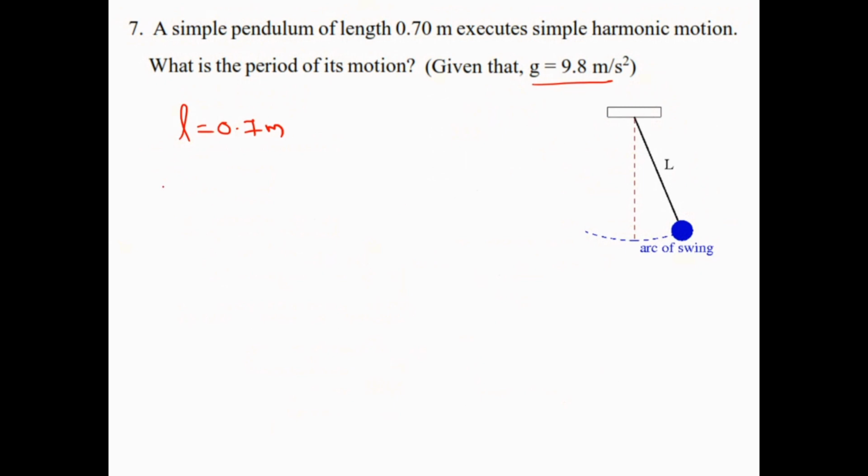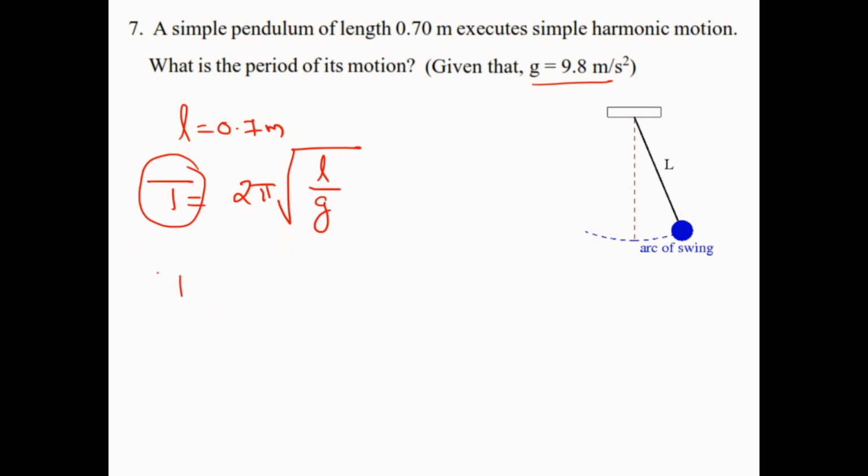Now we already studied the relation for the time period of the simple pendulum, which is given by the rule T equal to 2 pi multiplied by square root of L over g. This is the relation we studied in the theory, right? Now I'm going to use this equation for finding the time period and substitute the value of L as well as the value of g. Once you substitute the values, you will get the answer for the time period.